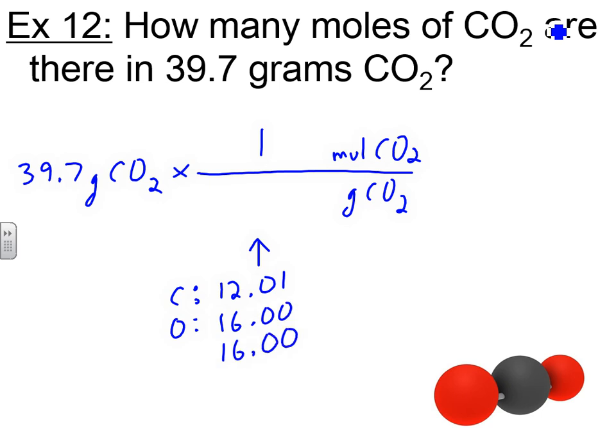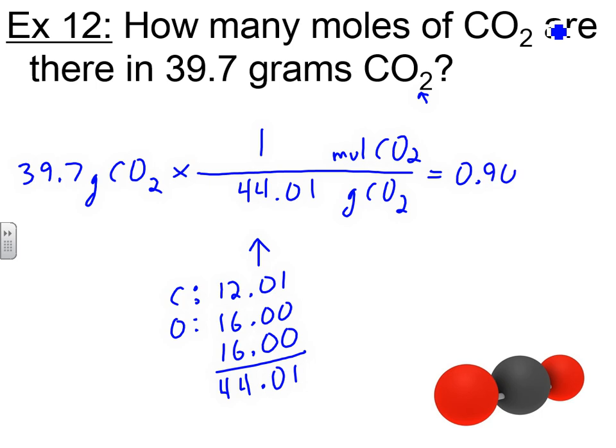If you do this correctly, we should end up with 44.01 grams in a mole. So to calculate, you do 39.7 divided by 44.01, and 3 significant figures gives us 0.902. This would be moles of CO2.